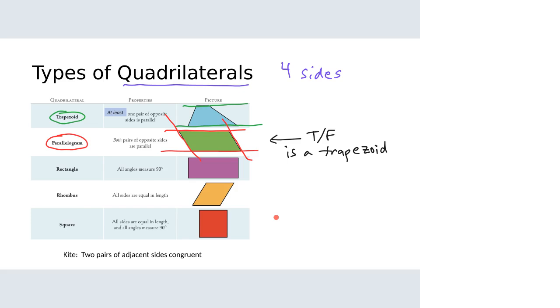And like I said, I don't think all true-false questions are easy. I think sometimes they can be darn challenging. And so when it comes to questions like this, you've really got to think through, what is the definition of a trapezoid? What is the definition of a parallelogram? And that's how we'll decide whether or not this is true or false.